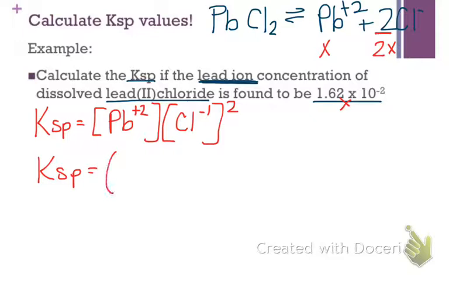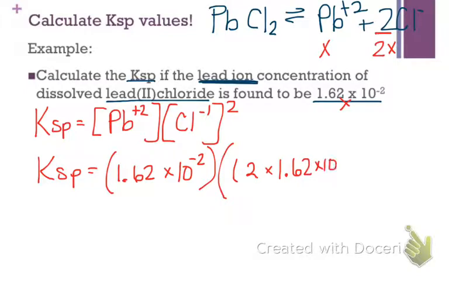The concentration of lead, 1.62 times 10 to the negative second, times the concentration of the chloride squared. To get the concentration of the chloride, we're going to multiply the concentration of the lead ion by 2. I'll put some extra parentheses so this gets less confusing. And then whatever that is, we're going to square it.